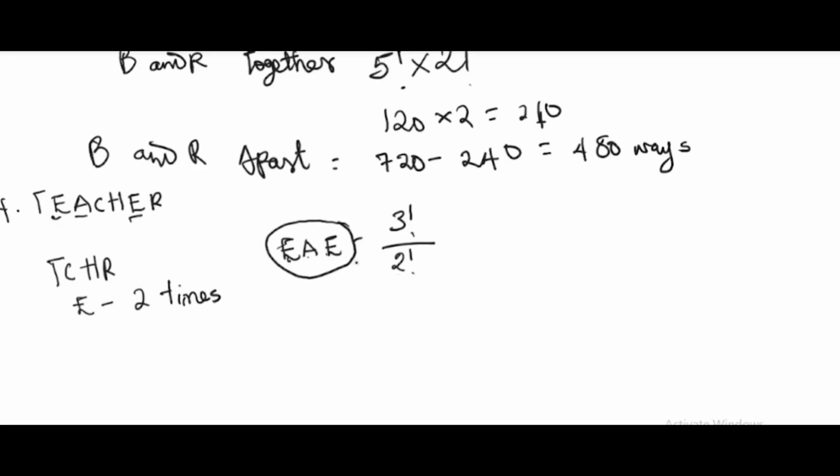E occurring 2 times will have over 2 factorial, which is 3 times 2 factorial over 2 factorial. So this will cancel out, we have 3. So there are three ways of arranging E, A, and E, right?